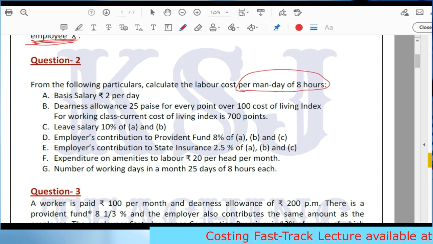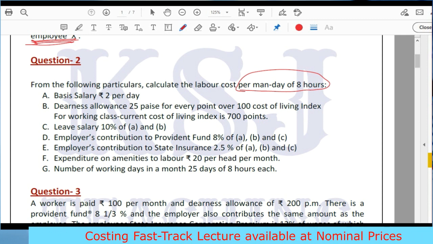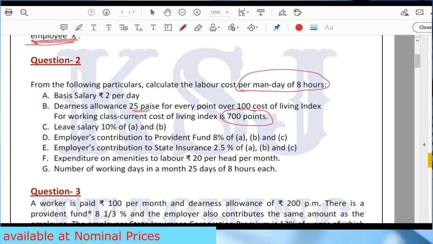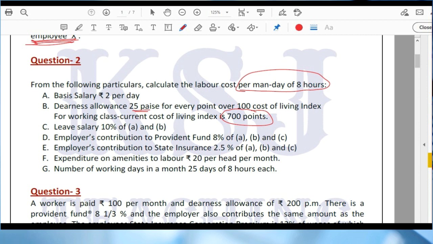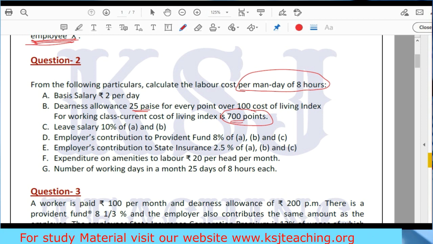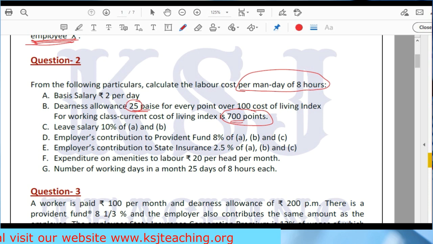For working class, current cost of living index is 700 points. So he says 25 paisa for every point above 100. If it is 700, that means above 100 we have 600 points. For every point, you have to calculate 0.25.